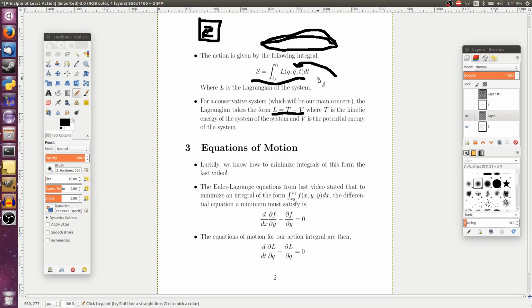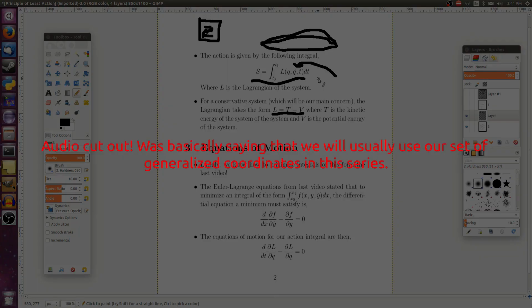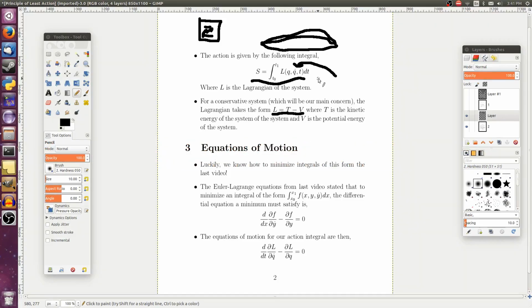So now, we have this integral law, but we want to turn it into a differential one, so that for any particular set of coordinates that we use, it's going to be the easiest one. We'll go over in future videos what to do if you don't use generalized coordinates, but under the assumption that you're using generalized coordinates, the equations of motion actually pop out pretty fast.